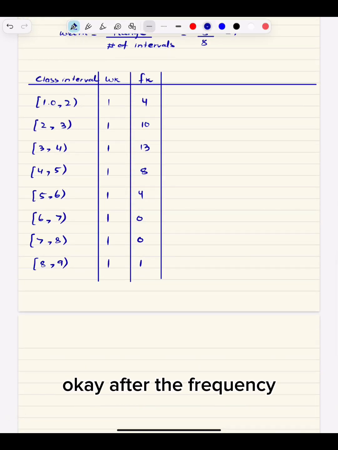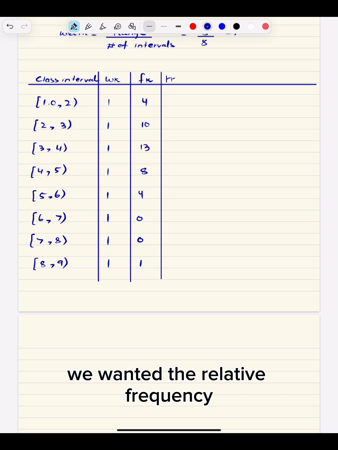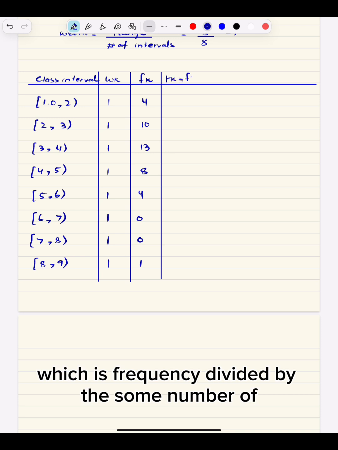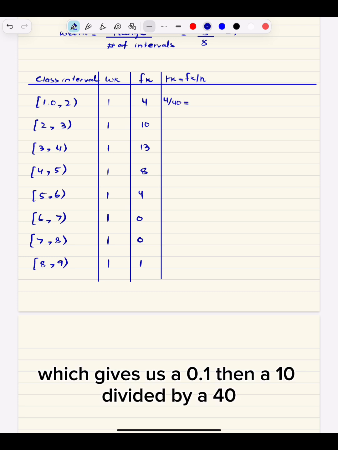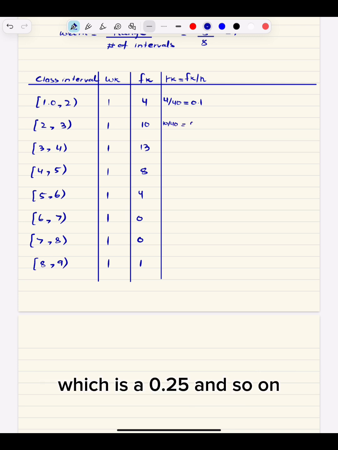Okay, after the frequency, we wanted the relative frequency, which is frequency divided by the number of data points. So we have a 4 divided by 40, which gives us a 0.1. Then a 10 divided by 40, which is a 0.25, and so on.